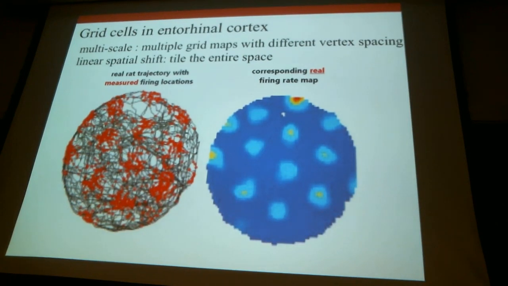When they started recording from entorhinal cortex and using relatively larger and larger fields, what they found is that the response field for a single neuron, again with the track of a rat, forms this sort of lattice. It's called a grid cell in the sense that it has this sort of triangular or hexagonal lattice formation, which really was amazing.